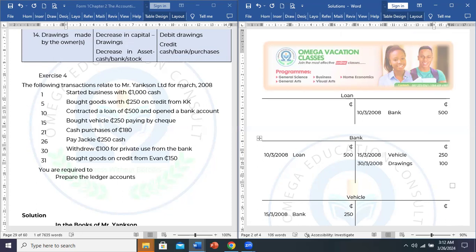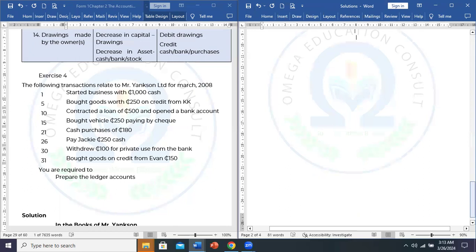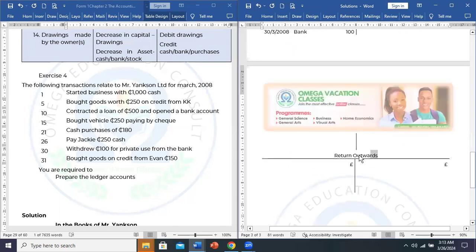The last one is bought goods on credit from Ivan. So another purchases, right, from Ivan. So we debit purchases and credit Ivan. We already have our purchases account. So what is left is Ivan's account. Let me clear these things up and open my Ivan account.